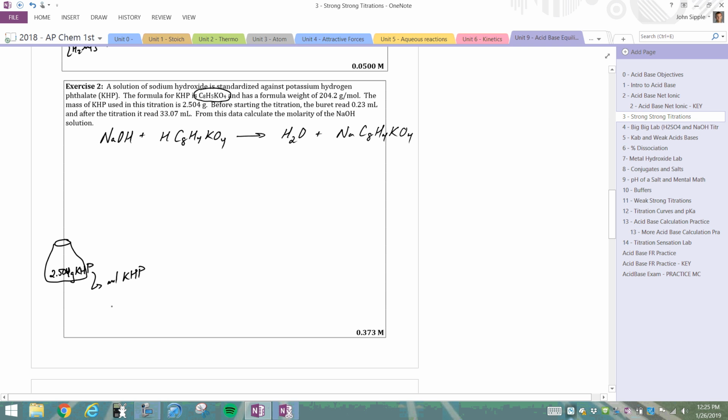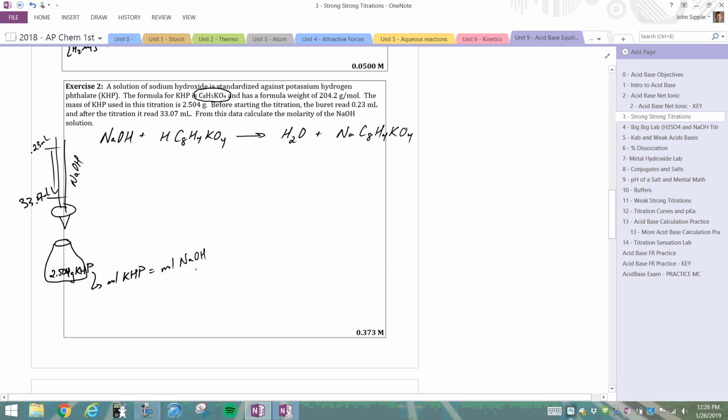In our burette we have the NaOH, and the moles of KHP at the equivalence point equal the moles of sodium hydroxide at the equivalence point, after all of it has reacted. We also know that it went from 0.23 milliliters down to 33.07 milliliters, so we know the volume of the NaOH solution.